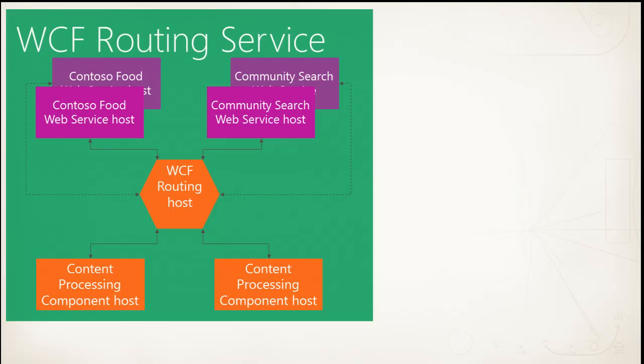So if you're interested in more than what I show you here, we also have blogs, or we'll have blogs published, on what you can do with WCF routing. For this example, I'm trying to solve basically the problem that Rudmar had. He was creating 2 demos for you with the Contoso site and also the community search site.